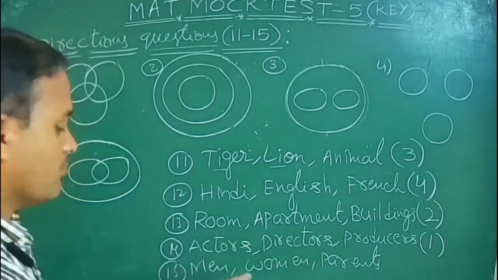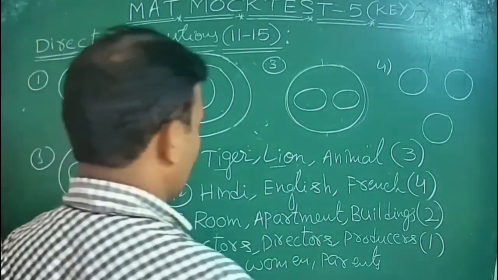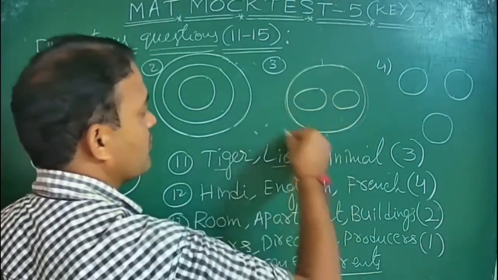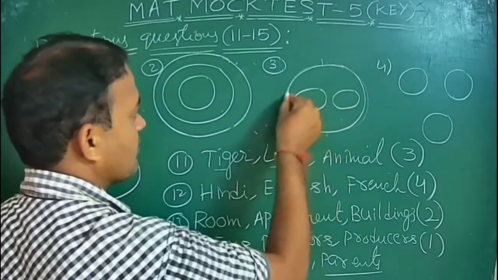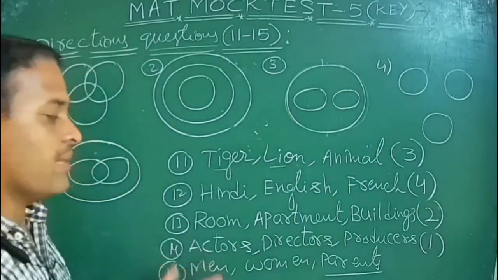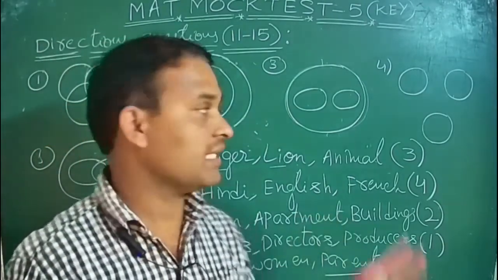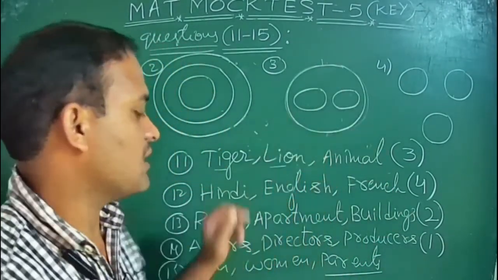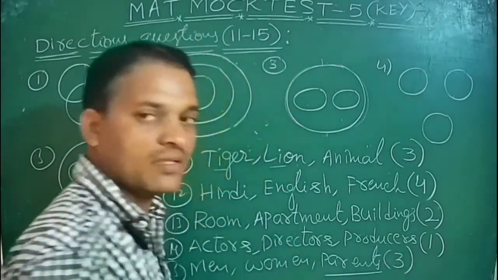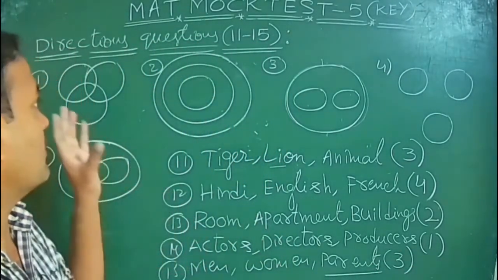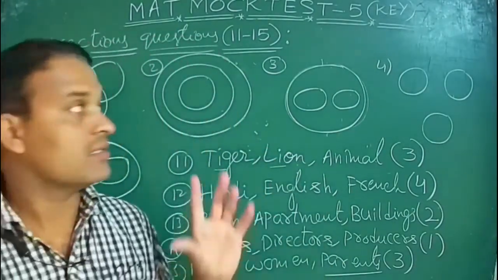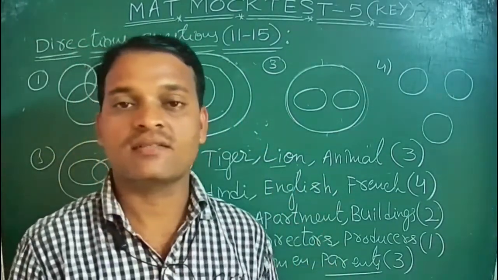Suppose this is parents, this is represented as man, this is represented as woman, and the middle means children. So for men, women, parents, option 3 is the suitable one, right? So this is about directions questions 11 to 15. Next I'm going to explain the 16th question.